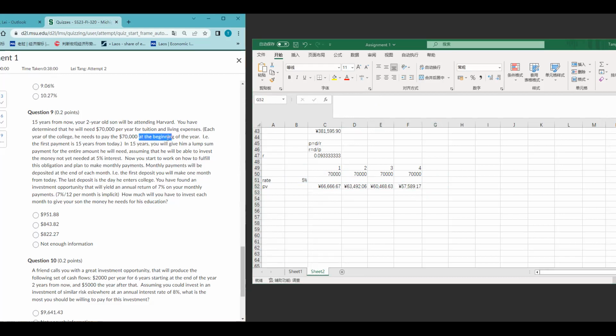The question is the beginning of the year. Beginning of the year, so we cannot start at 1, right? We need to start at 0. Number 2 and number 3.